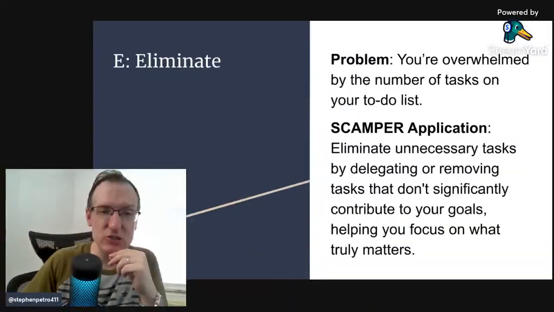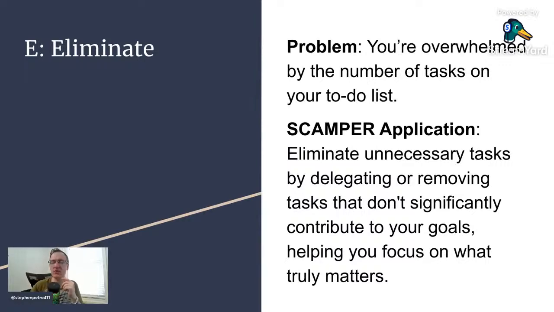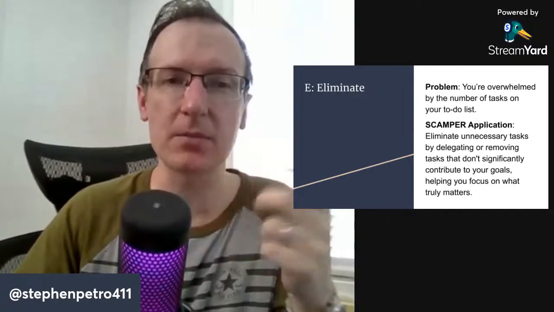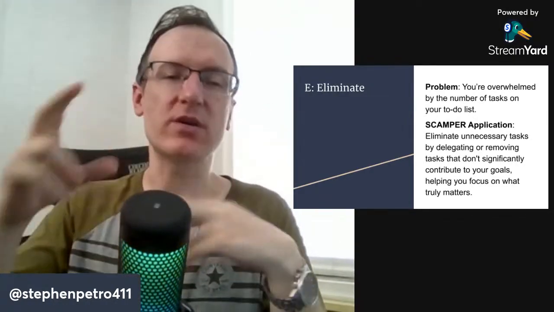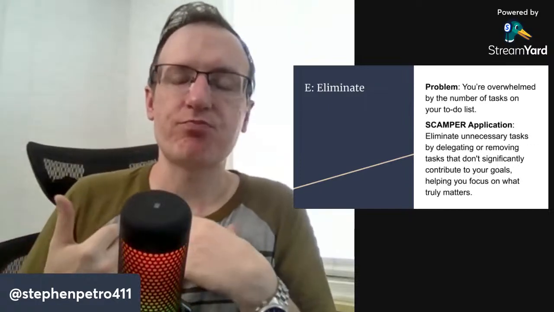Okay. So I'm actually going to be talking about this. Stay tuned, guys, because I have a video coming up soon analyzing and breaking down Elon Musk's productivity habits, right?